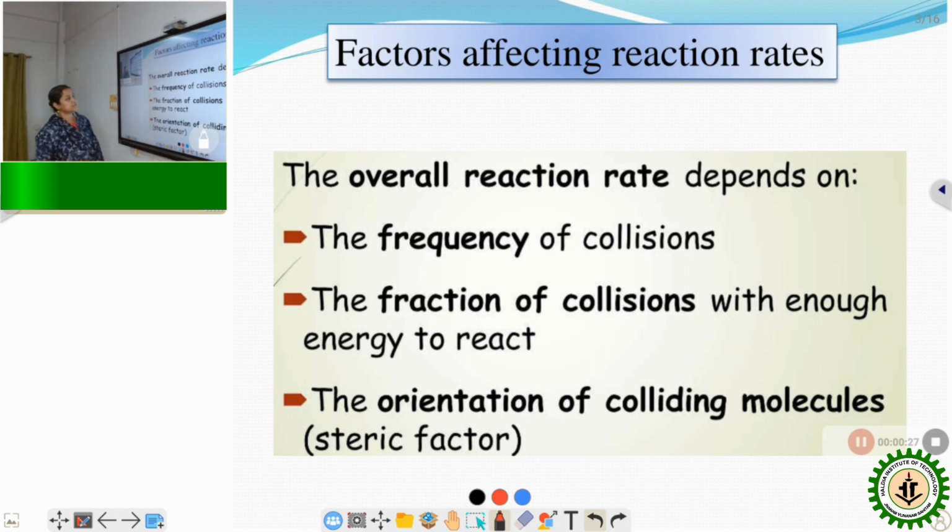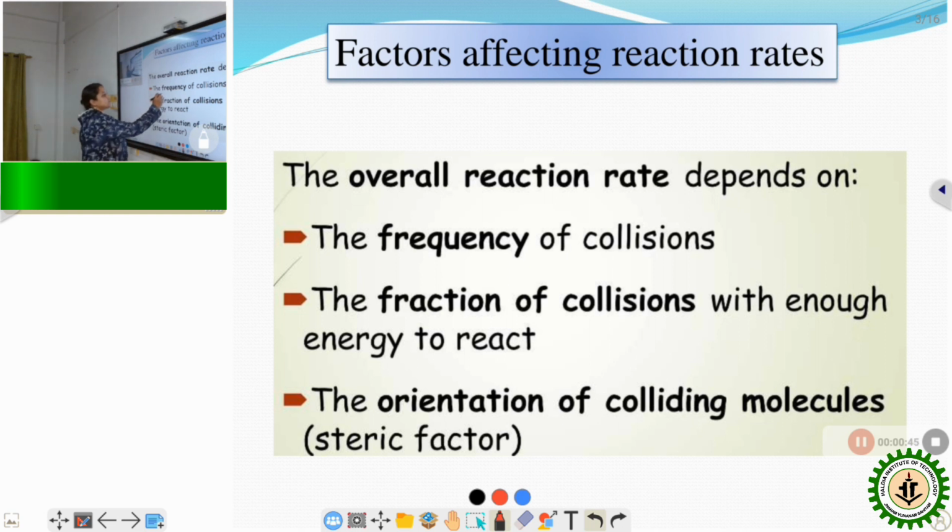So what are the different factors that affect the rate of the reaction? Whenever a reaction is occurring, when two or more reactant molecules come close to each other to react, what is happening there? First of all, there is a collision between the different reactant molecules.